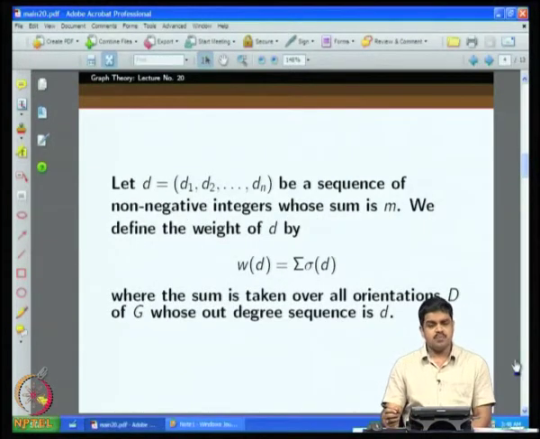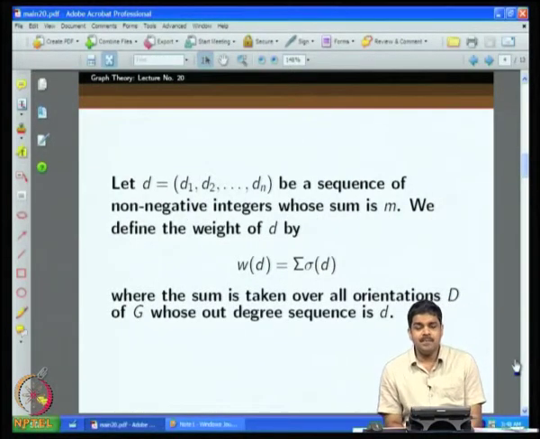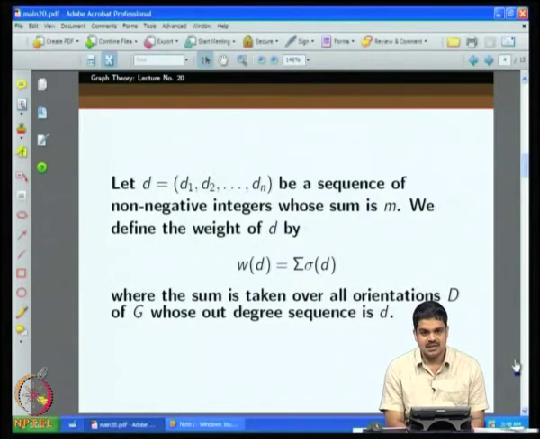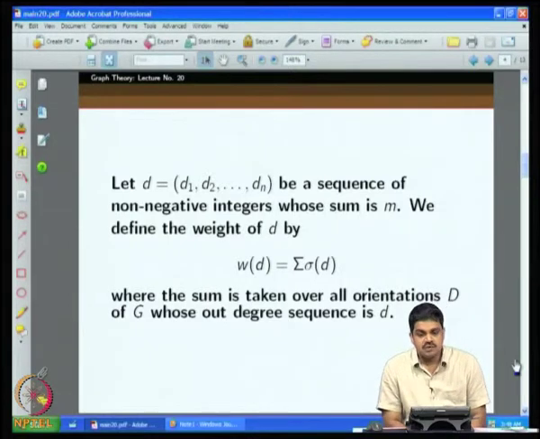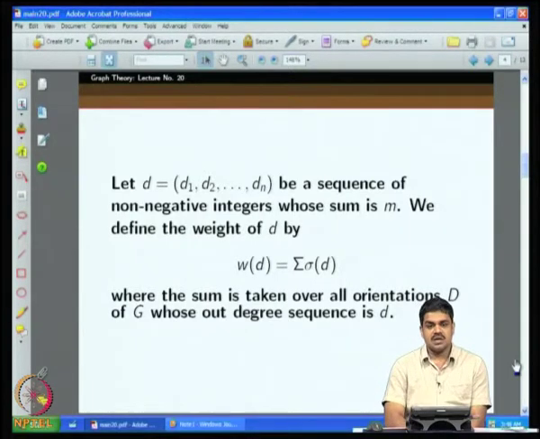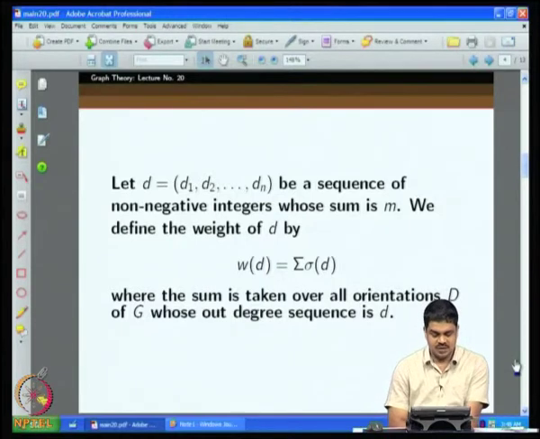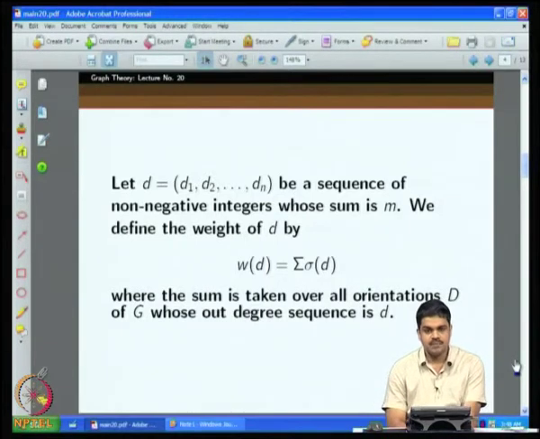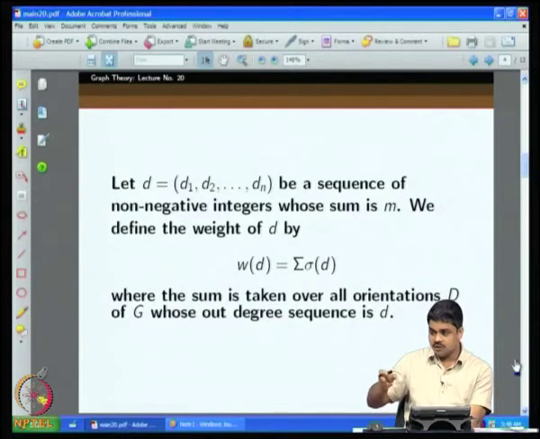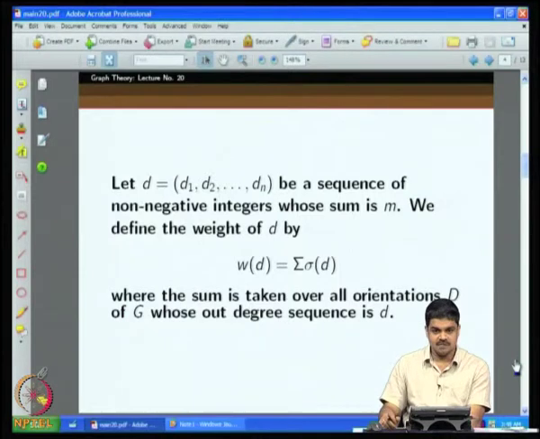So, you can pick up a particular out degree sequence, that means the first vertex v1 has out degree d1, the second vertex has out degree d2, the third vertex has out degree d3, and the nth vertex has out degree dn. That is an out degree sequence. Given an undirected graph G, some orientation is given to the edges, some direction is given to the edges.